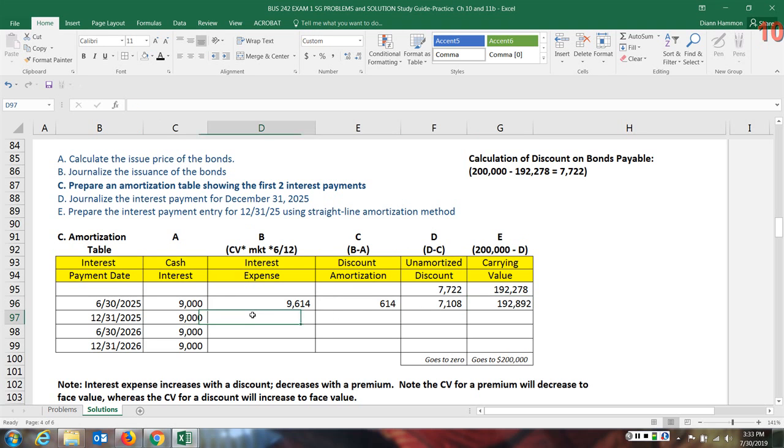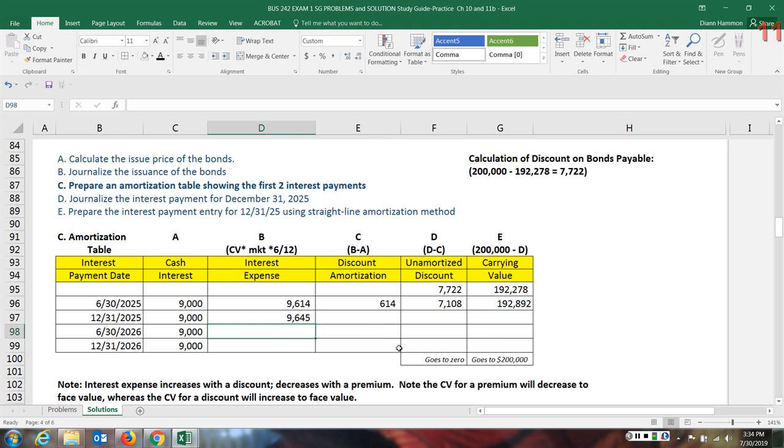Then December, we're ready to make another payment. So this payment is made of $9,000. We want to calculate interest expense based on the carrying value, so I'm going back and picking up the new carrying value there in column E, and I'm going to multiply it times the market rate of 10%, and then times 6 divided by 12, which represents half a year.